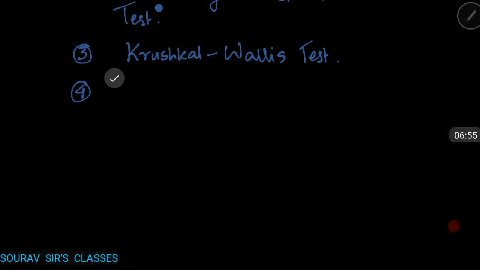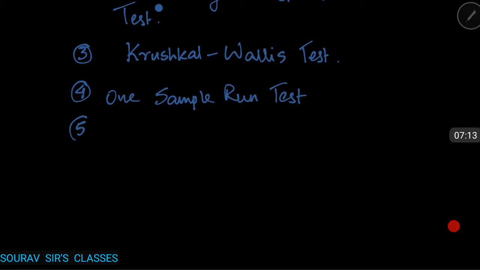Number 4. One sample run test. It is a method to determine the randomness with which the sample items have been selected.